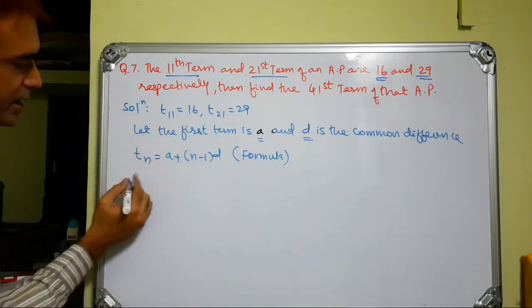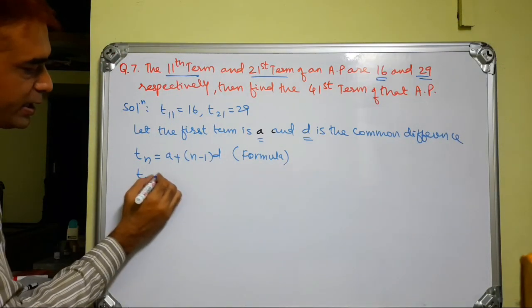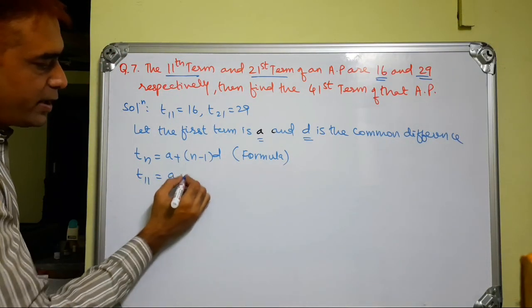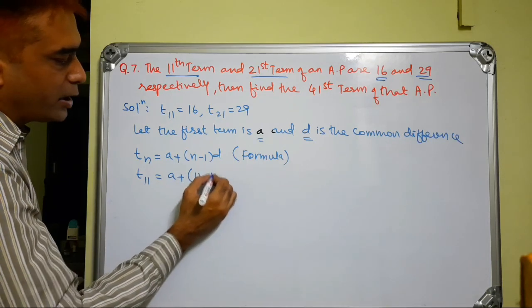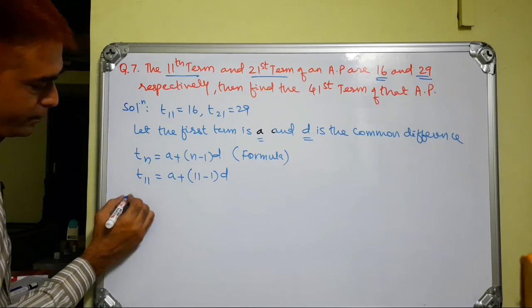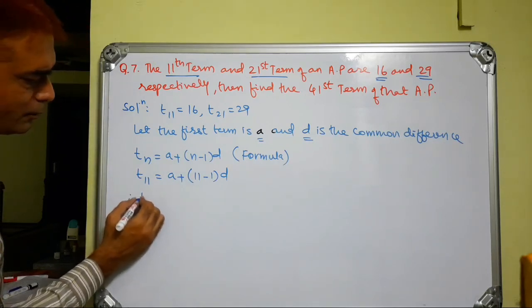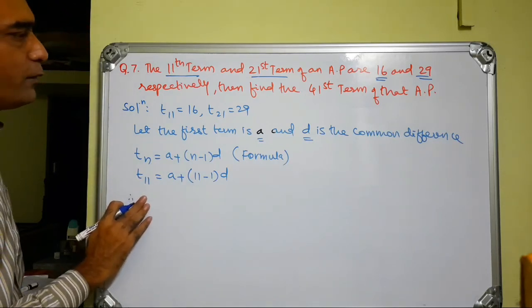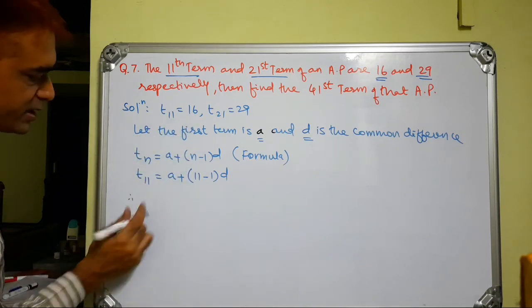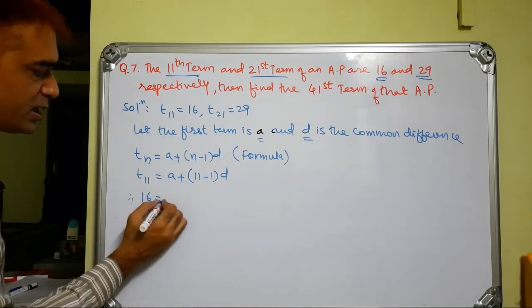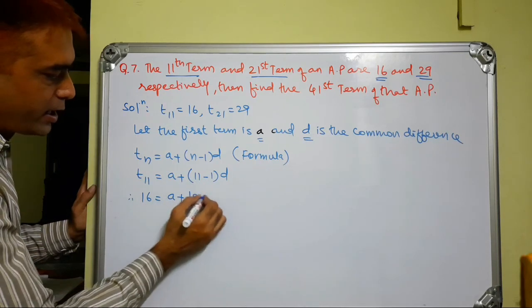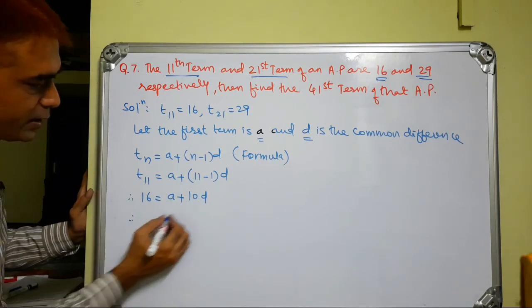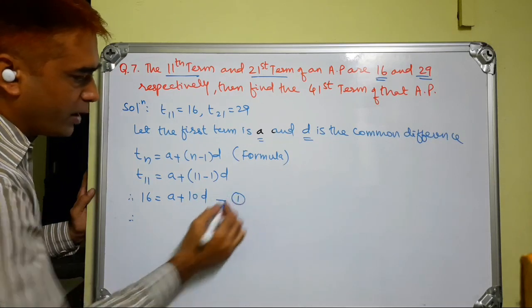So T11 equals A plus (11 minus 1) D, where the value of n is 11 here. What is the value of T11? T11 is 16. So 16 equals A plus 10D. This is equation number 1.